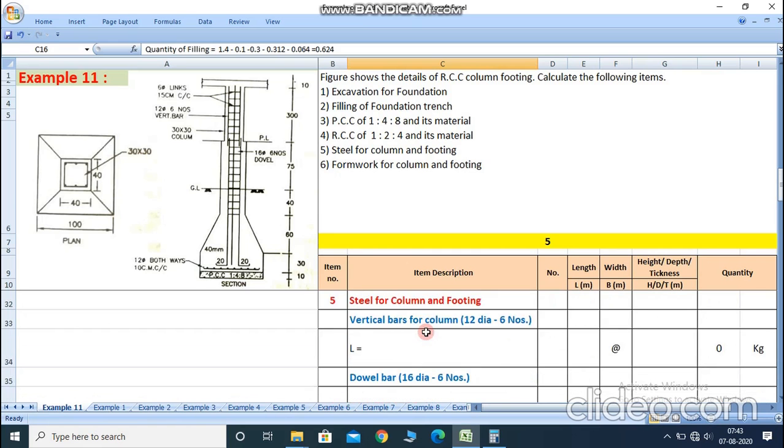Now let's start the steel quantity calculation. So here, steel for the column and footing. First let's start with the vertical bar for the column. See in this figure, 12 diameter, 6 numbers of vertical bar are provided.